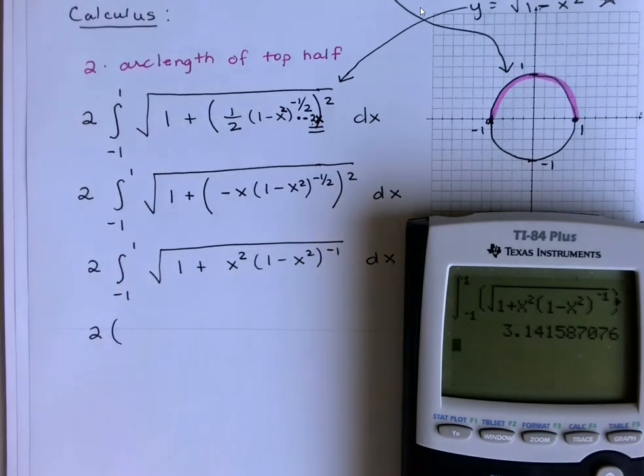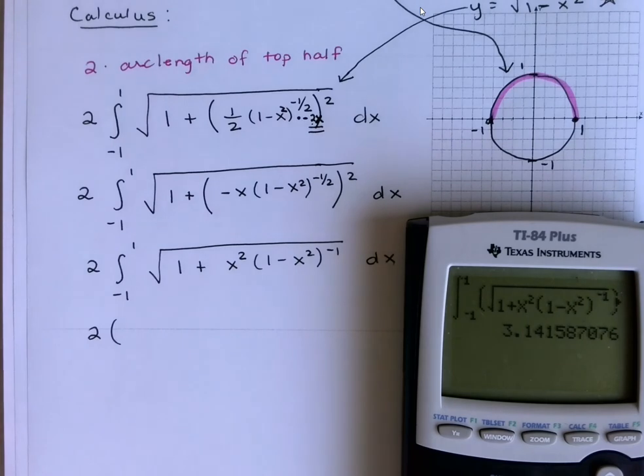There actually is a way to handle that. It's called an improper integral, and we have not yet got the technique for doing that. It does take a little bit of work. We'll learn about this at the end of chapter 7, I guess it is. But for right now, if you let the calculator run long enough, it does indeed get us what we need. So it looks to me like we've got an answer here of about 3.1415, blah, blah, blah. Looks a whole lot like pi, right?